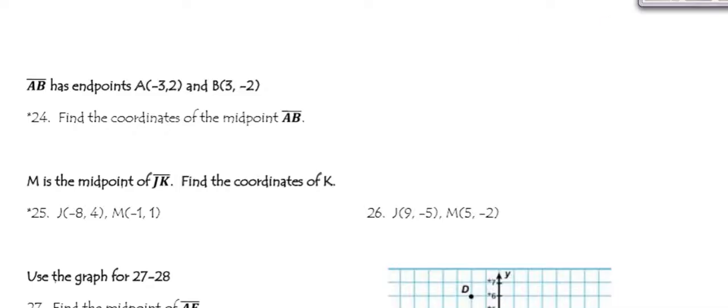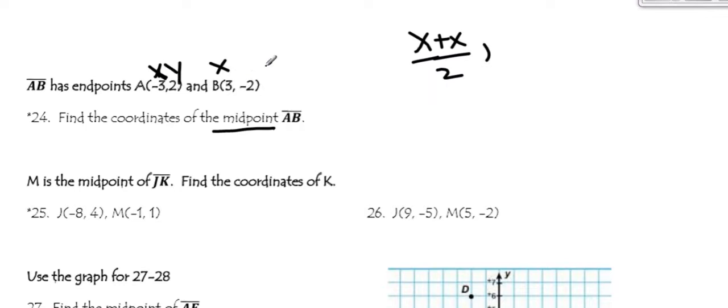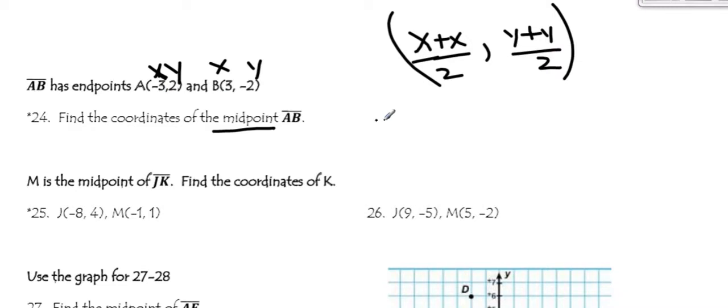So they are just straight up asking us for the midpoint of segment AB. Well, midpoint formula. We want to find the average of our x values and we want to find the average of our y values, and we want to write them as a set of coordinates on a coordinate plane, x and y. So average of our x values would be negative 3 plus 3 divided by 2.